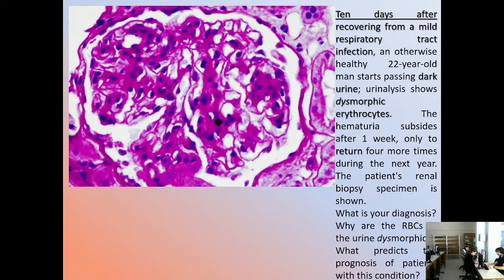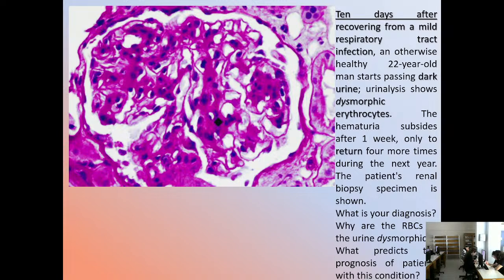So have a look here at this area. Let's count. We have an expansion of mesangial matrix highlighted by PAS stain here. 1, 2, 3, 4, 5, 6. This is mesangial hyperplasia, not accompanied by intracapillary hyperplasia. Why? Because we see the lumens of the capillaries are open.